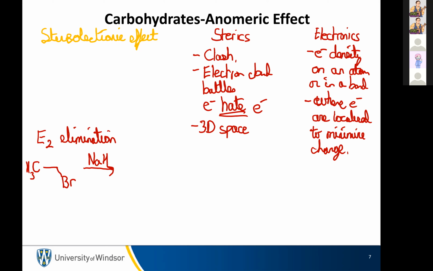I like sodium hydride. And I get ethene. The mechanism is: base attacks hydrogen, electrons in a hydrogen-carbon bond create a new double bond, electrons in a carbon-bromine bond break, and I get the product. I get hydrogen gas and I get Br minus.